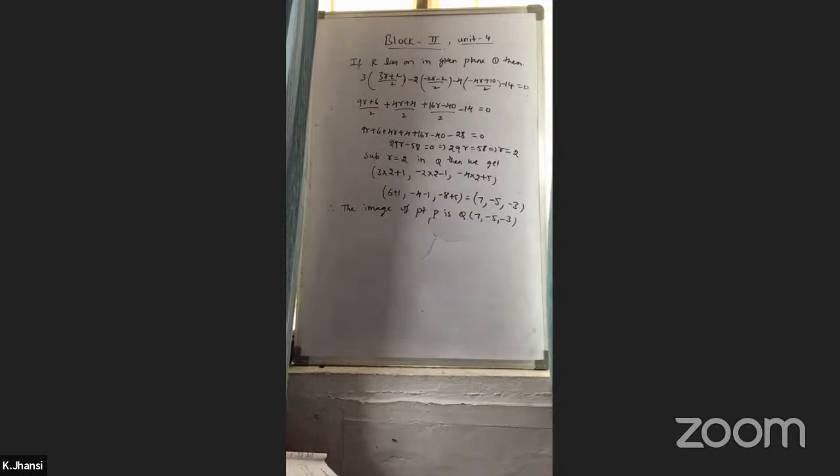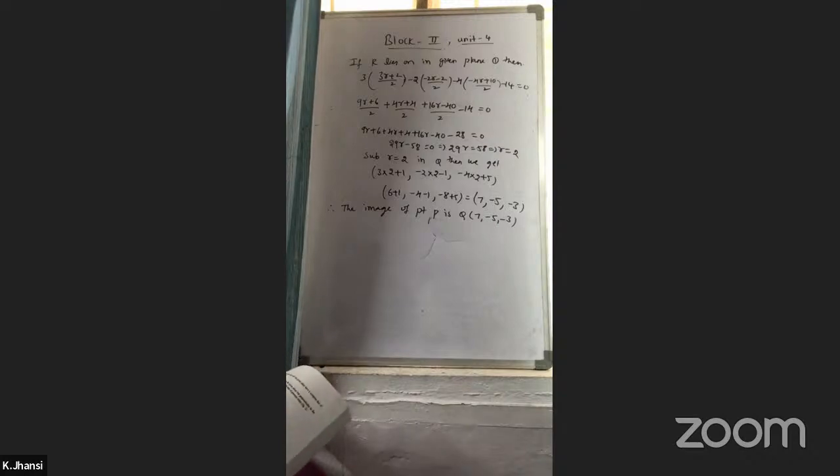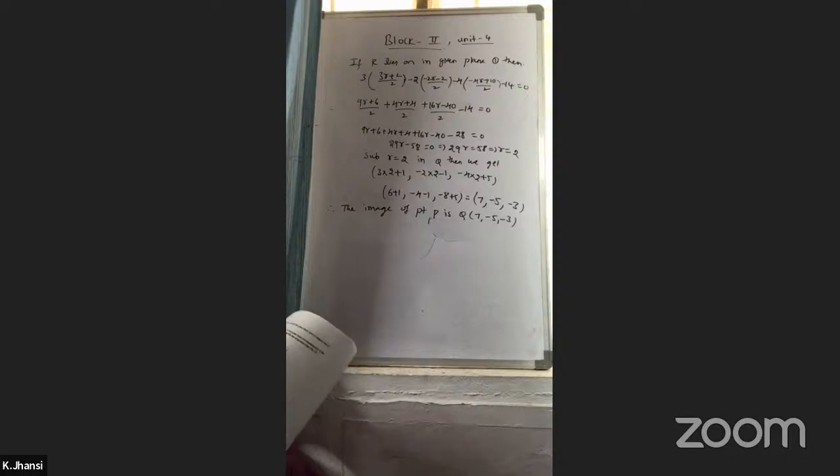For the skew lines, we have to find the shortest line segment between the 2 lines. For that, you have the procedure in your textbook. For solving this problem you have 3 methods, and you can adopt any one method which is easy for you.